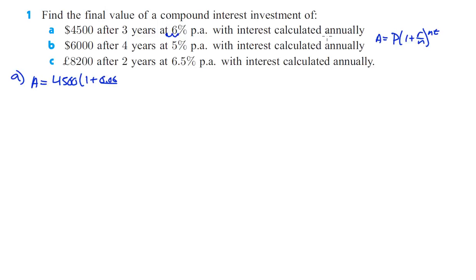And since this is calculated annually, those N's are just going to be 1. So there's a 1 for that N, a 1 for this N, and then T is the amount of years, so times 3. So really this is just 4,500 times 0.06 divided by 1 is 0.06, so that's 1.06. 1 times 3 is 3.